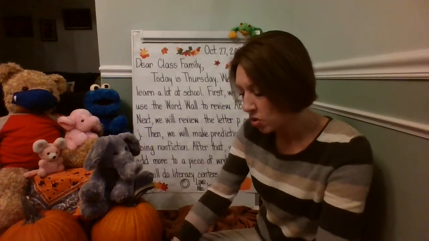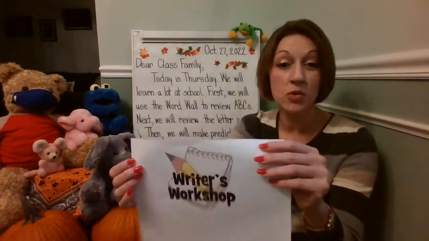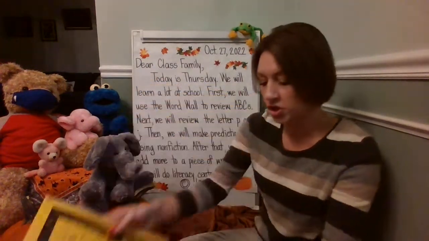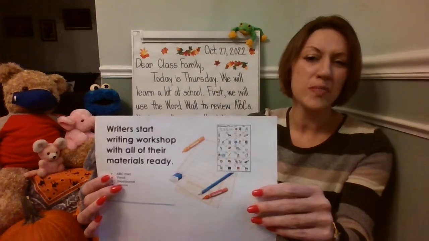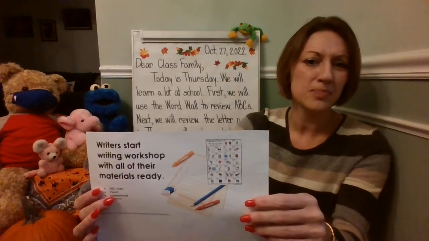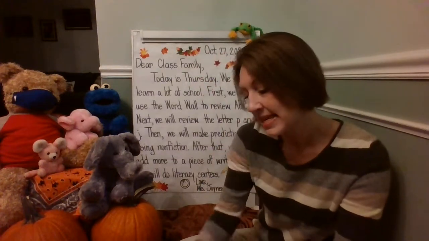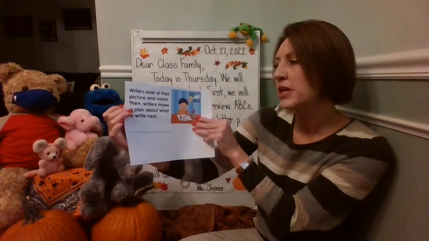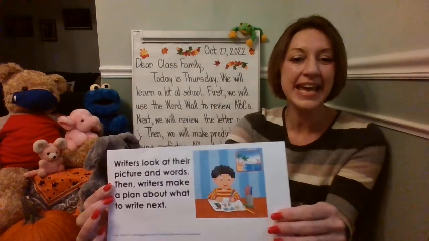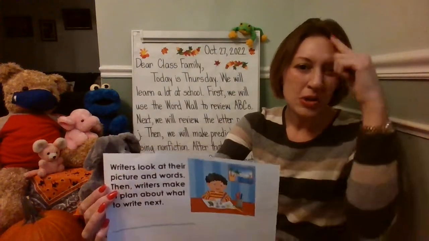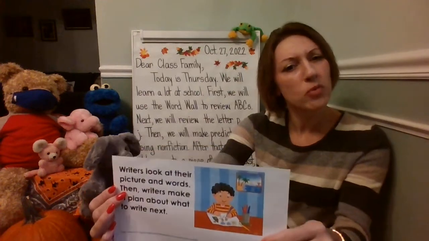So during writing workshop, you are going to get your materials together, and that includes your journal and your alphabet chart and your crayons and pencils and all these resources. We'll have the word wall up in class. We know writers look at their picture and words, then writers make a plan about what to write next. So you're going to make a plan and think, which piece of writing do I want to work on more?